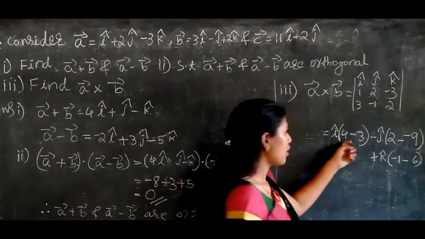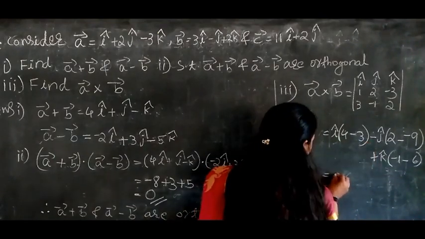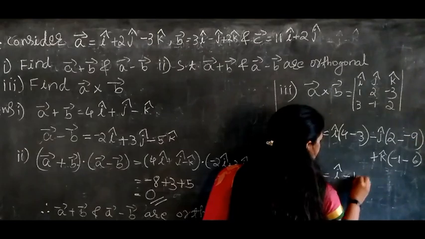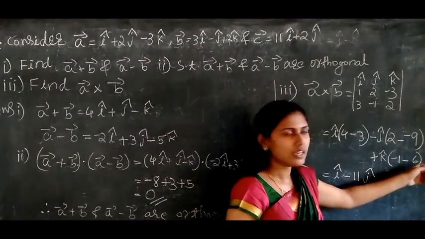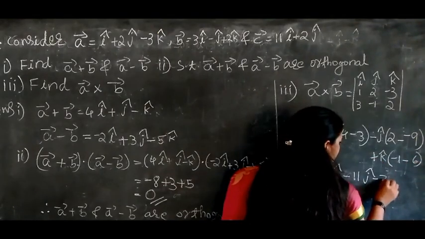Which is equal to 4 minus 3 is 1, so 1 i cap. 2 minus 9, minus 11 j cap. Minus 1 minus 6 is minus 7, so minus 7 k cap.